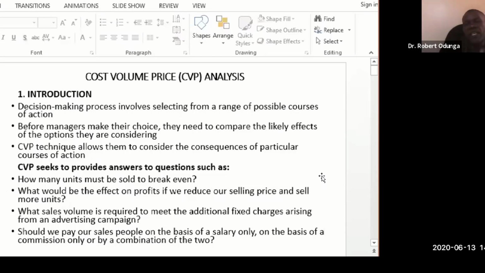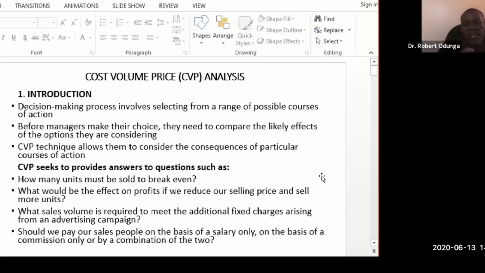So it means if you are incurring more expenses, then your break-even point will also increase, because break-even point is a point where revenues are equal to costs. So when you increase the cost, it means the break-even point is also increased. All right.